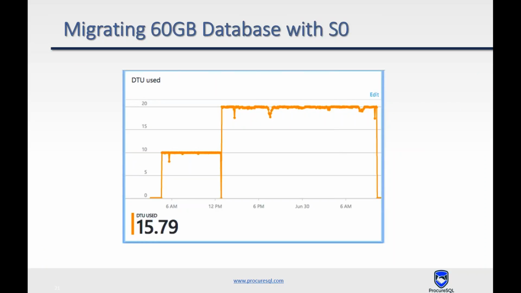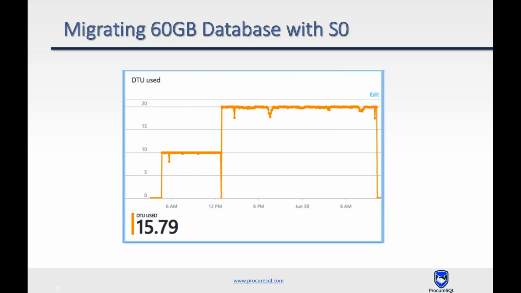All right, so here's just a little experience from me trying to get that 60 gig Stack Overflow database out. So I tried this originally with S0 because I wanted to be cost effective. I wanted to make my Azure dollars stretch, and I said, we'll give it a good try. So it looks like this maybe was a day of activity, but that end where you see it go back down, that's actually me giving up.